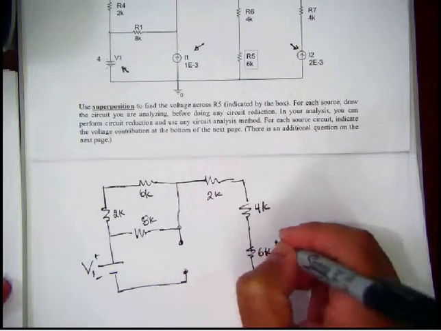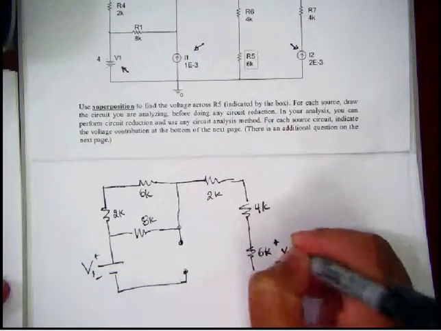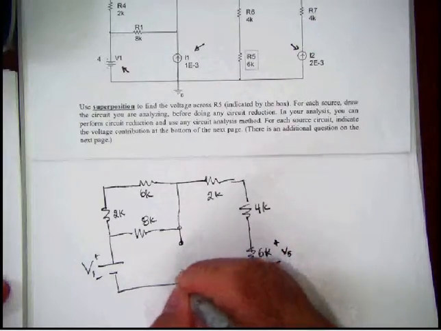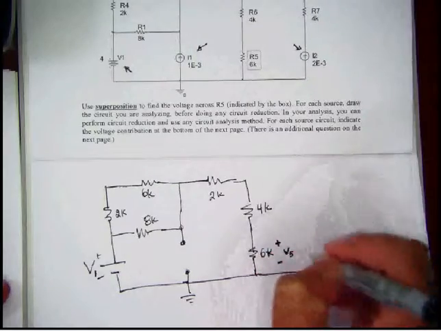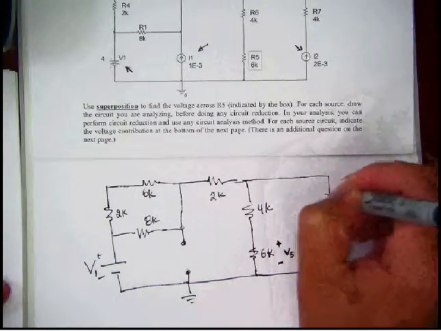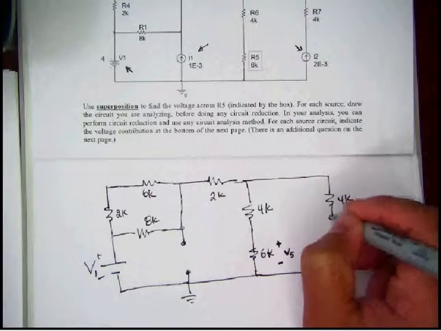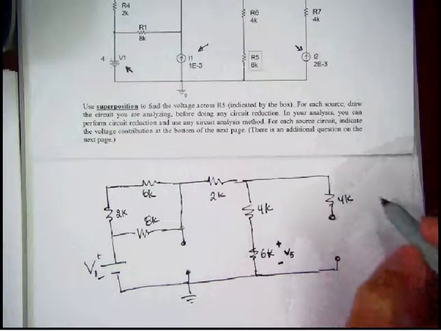Again, we're actually trying to find this voltage. I'm just going to call it V5. We're looking for the voltage drop across that resistor. Again, here, this is going to become an open circuit.